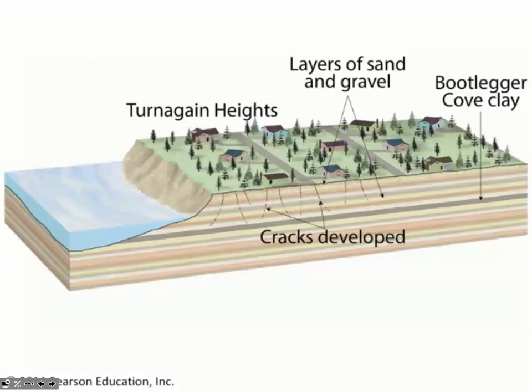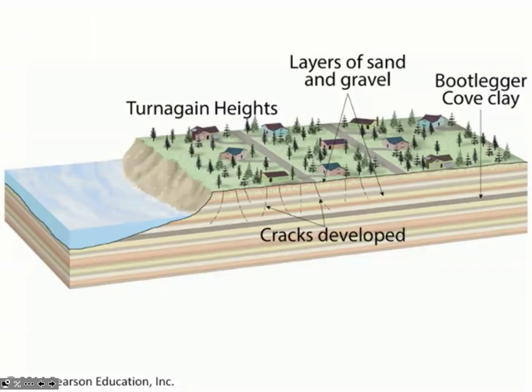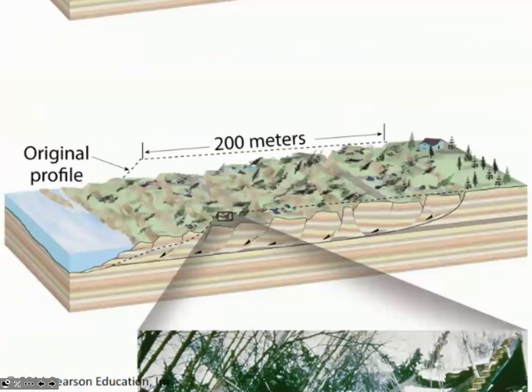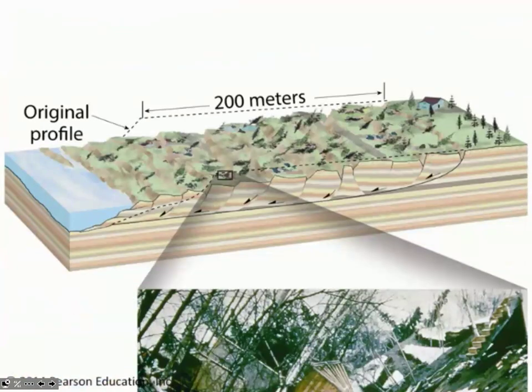Another example of that same phenomenon occurred in a little subdivision out on the outskirts of Anchorage called Turnagain Heights, and that was built on a series of sedimentary layers, including one which was a slippery layer called the Bootlegger Cove Clay. When shaking occurred, the land above the Bootlegger Cove Clay slipped on that clay, and it basically slid out into the sound.